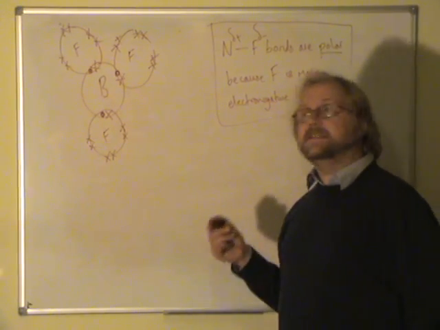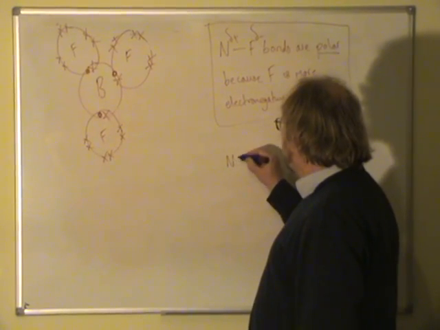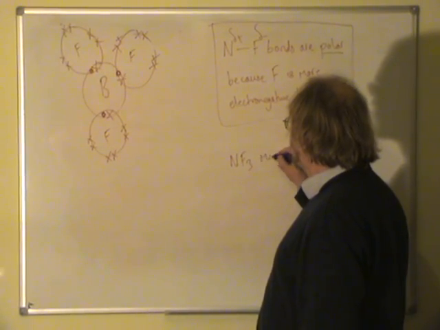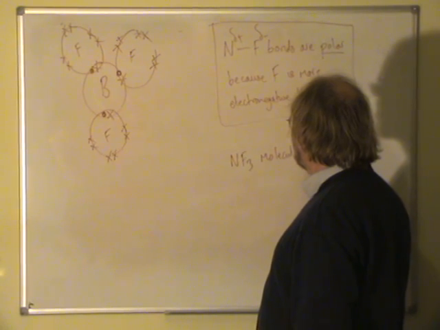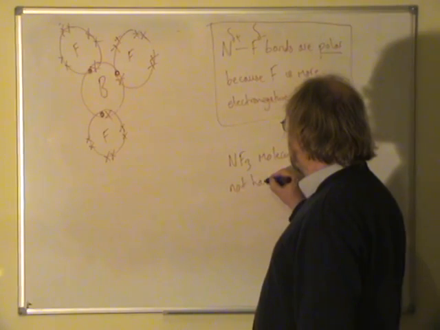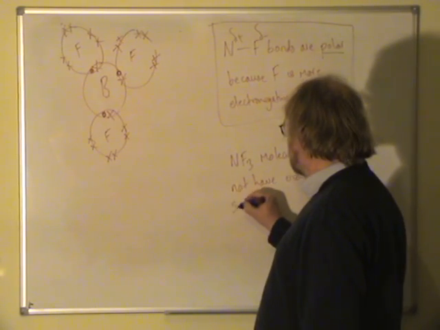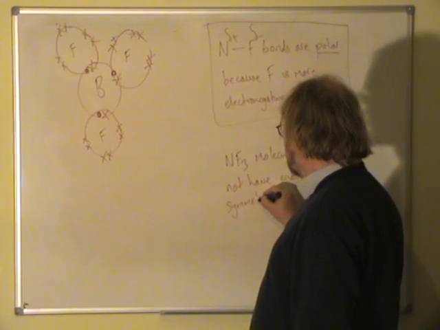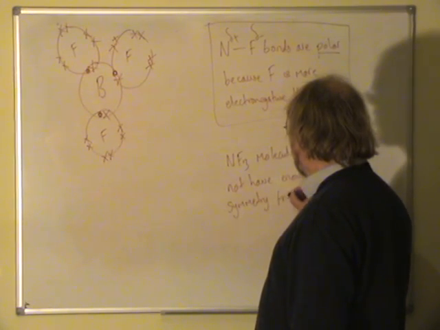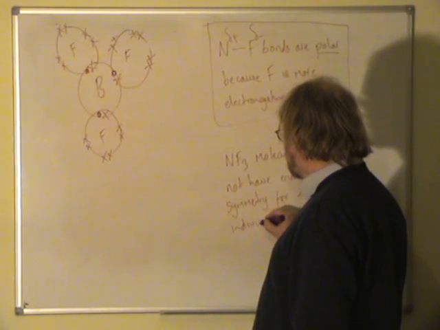And in fact all you needed to say to get the second mark was that the NF3 molecule does not have enough symmetry for the individual dipoles to cancel out.